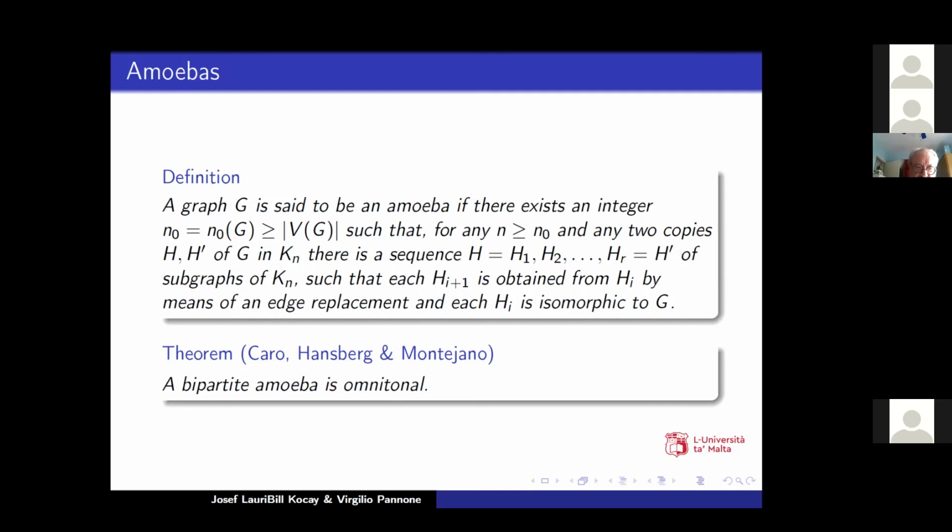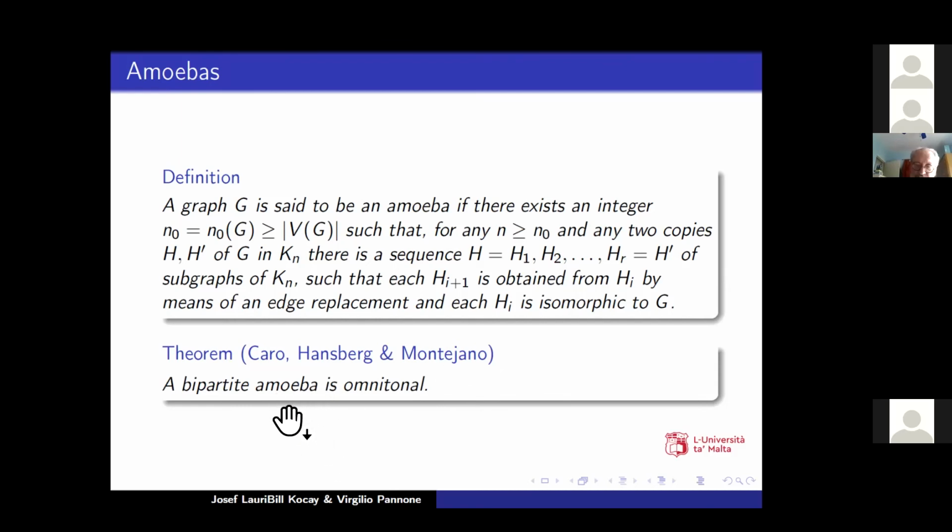Therefore, the color partitioning of the graph has to go through all the partitions: 0 blue, all red, 1 blue, all the rest red, up to all blue. So there's this omnitonal and amoeba concept.